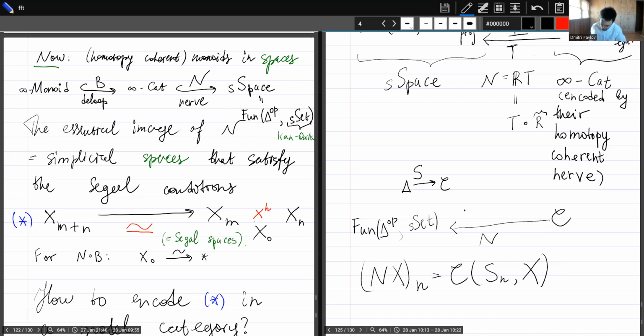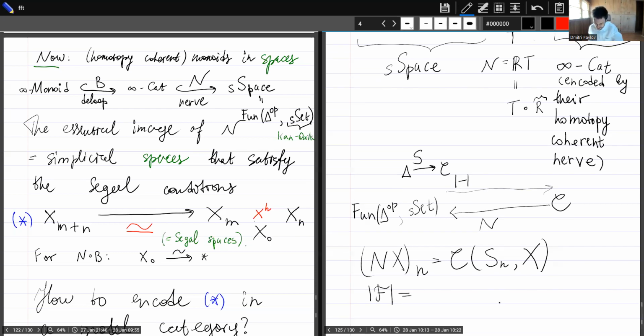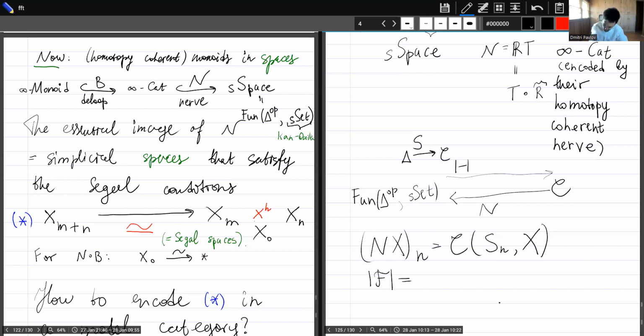And its left adjoint is called the realization functor. And the realization of some F will be simply what is called the weighted colimit, or the coend, or the Kan extension, depending on your preference.